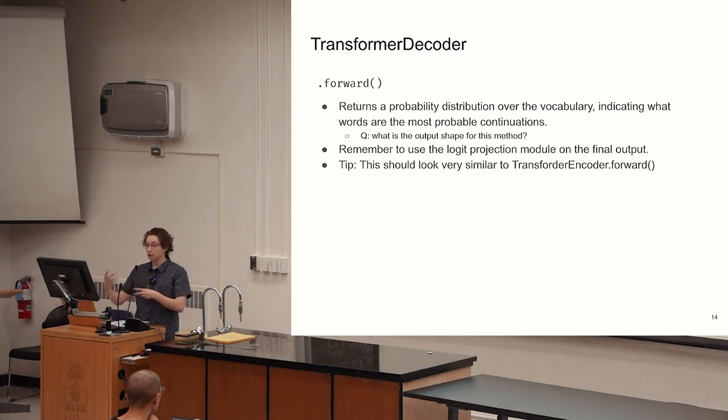So if you're doing generation, for example, and you're predicting one word at a time, you'll need to call this multiple times, adding on to the sentence as you go. And you'll need to think about what positions to extract the relevant next tokens from this generated sequence. So I'll come back to this idea when talking about how we put things together, especially in talking about decoding. But this is something to be thinking about.